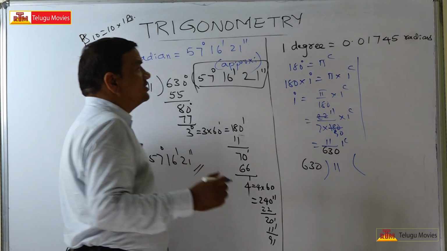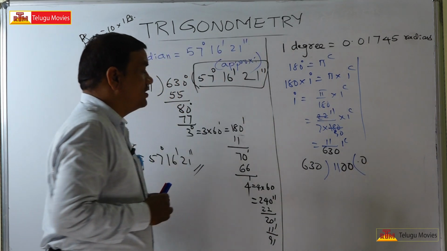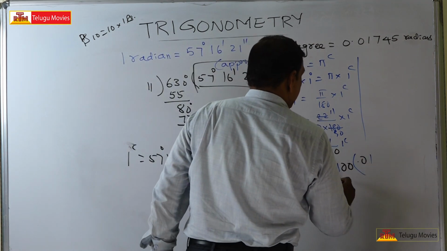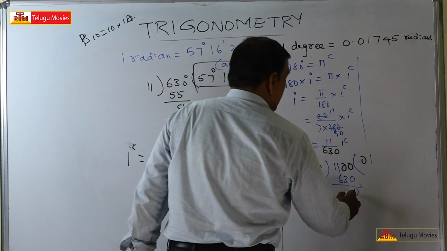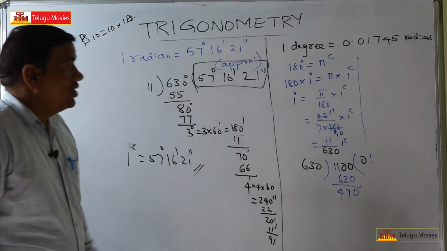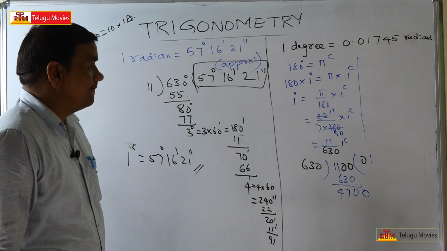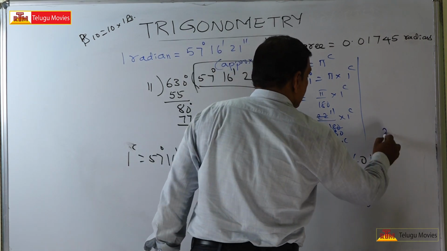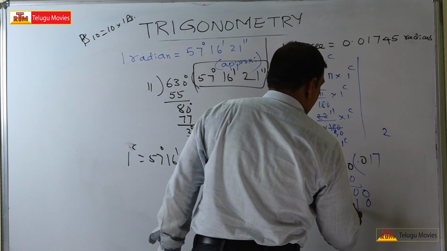Okay? Generally it won't go, so we put 0. Again 0, 0. 11 ones are 11, sufficient. So 11 ones, 630s are 630. Since the decimal point is there, again we put 0. 630, 7 sixes are 44.